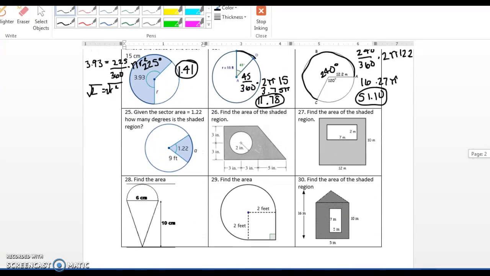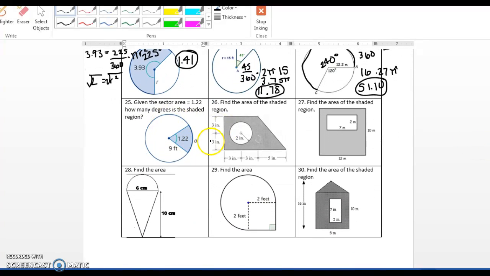Number 25, given the sector area equals 1.22, how many degrees is the shaded region? So we know sector area, 1.22, is equal to x degrees over 360 times pi r squared, which is 9 squared. So first I divided by pi times 9 squared.